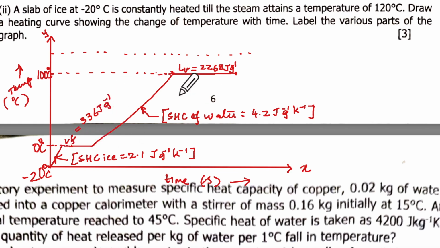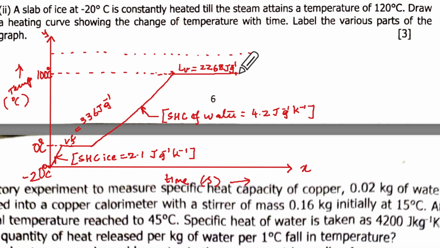That's why this is shorter and this is longer. In case they ask you the question, why is this longer than this? Why is this slope sharper than this? I have told you the reasons also. Will you remember?